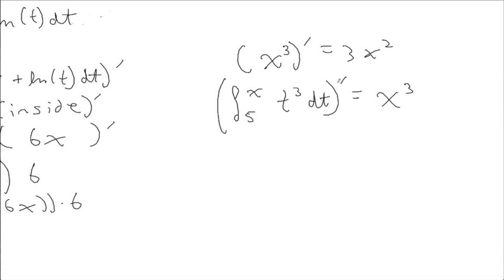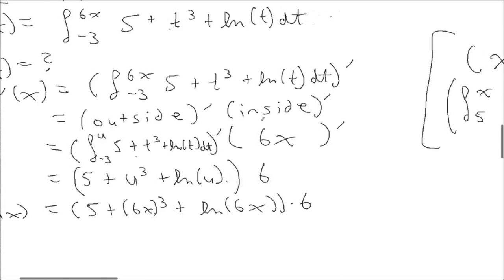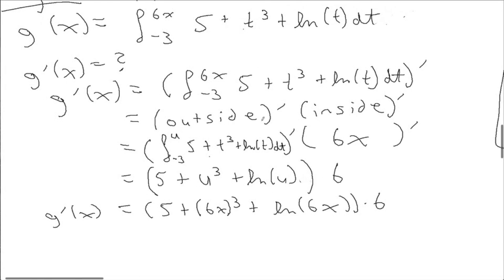So in a sense, the derivative never reached the t cubed. The derivative got rid of the integral sign, and the t cubed was just left standing. So we don't want to confuse these two examples. Here we apply the power rule, but the derivative of an integral is just the original function unchanged. Okay? We hadn't been making that mistake, but I could see how that would be easy to have happen. All right?